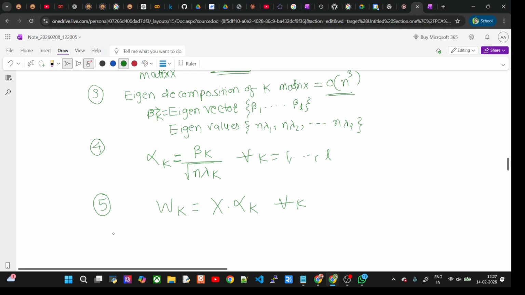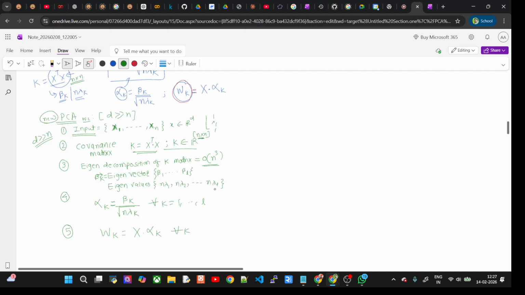So this is the algorithm. Beta k is not the final wk, because we know that beta k and alpha k are not the same.